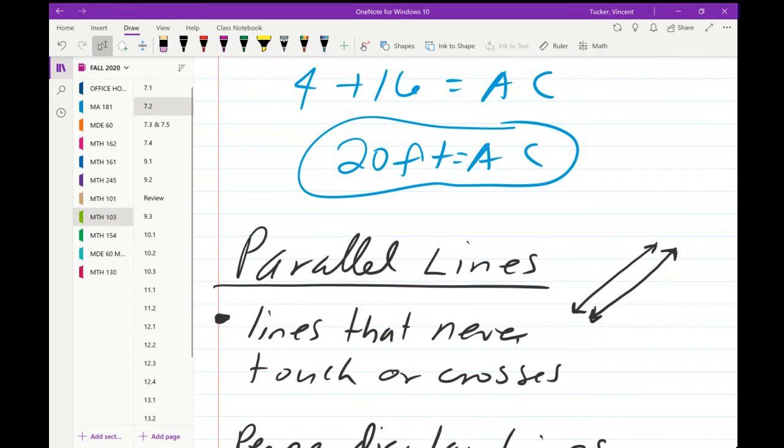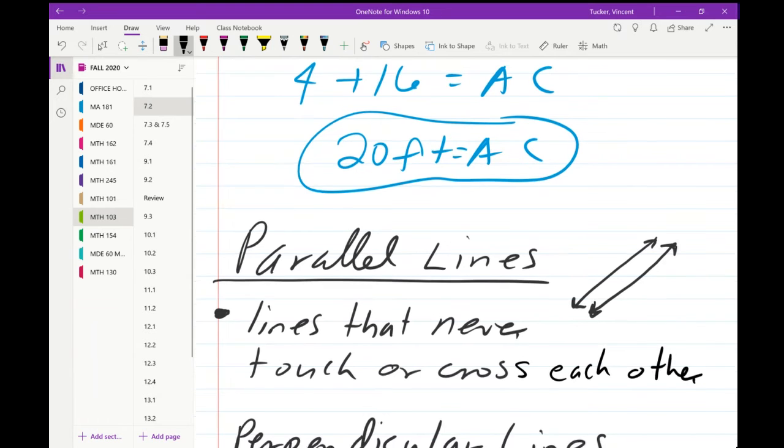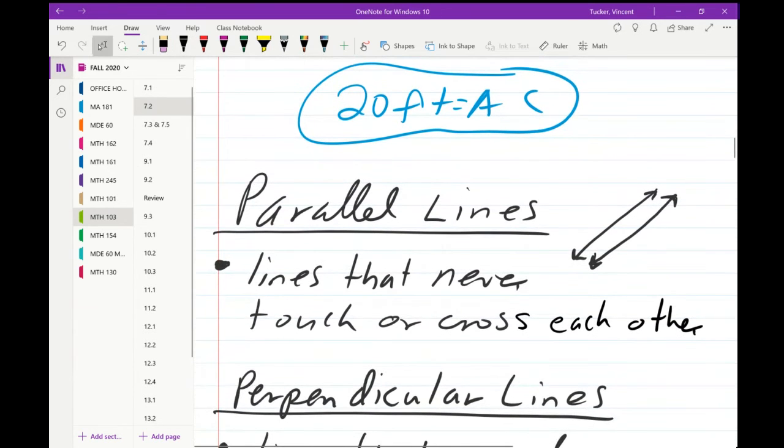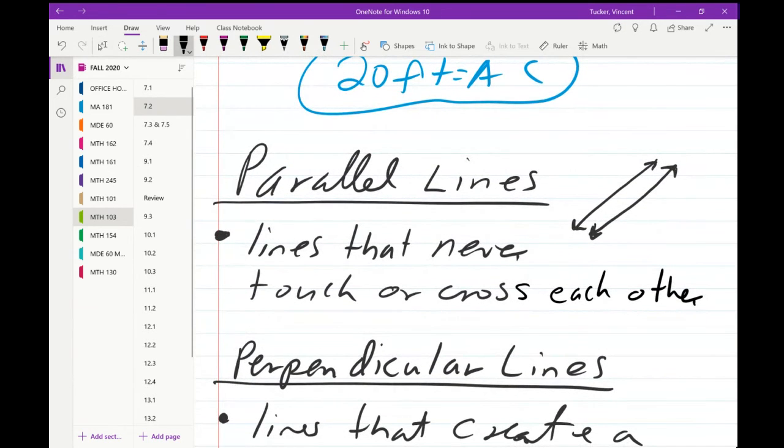Next, we're looking at parallel lines: lines that never touch or cross each other because they have that same incline.